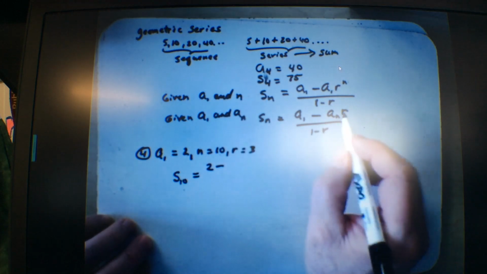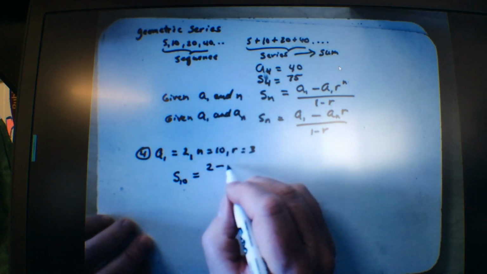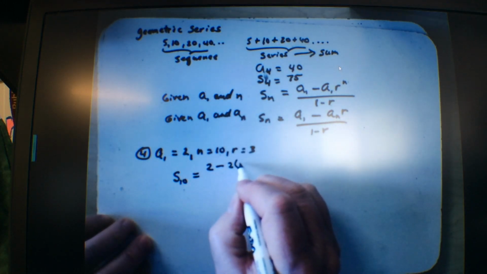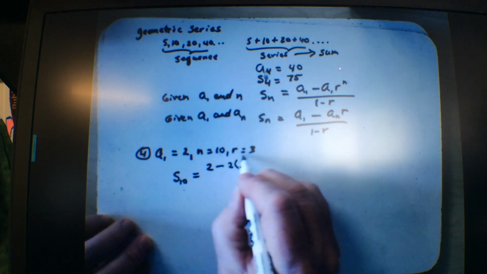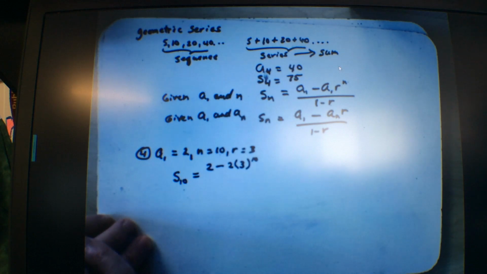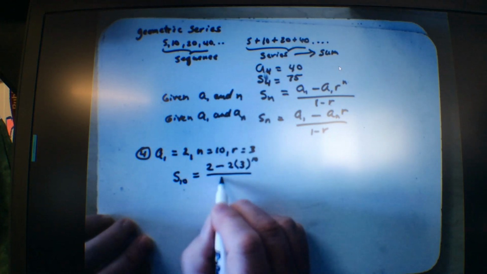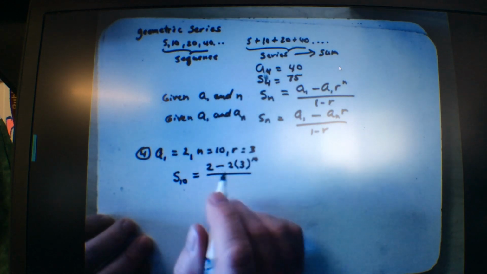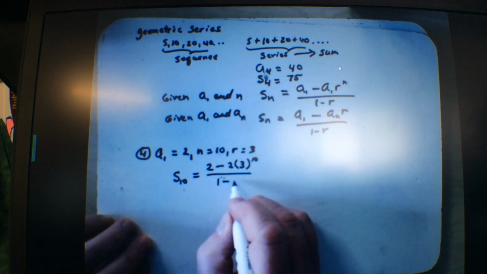Minus a sub 1, which is 2 times r, which is 3. They told me r was 3, to the 10th power. You got that? All over 1 minus r, which is 3.